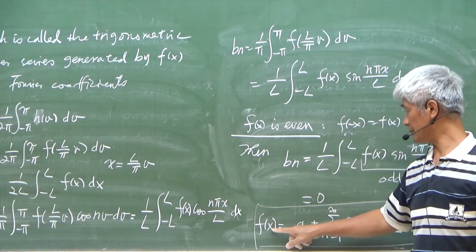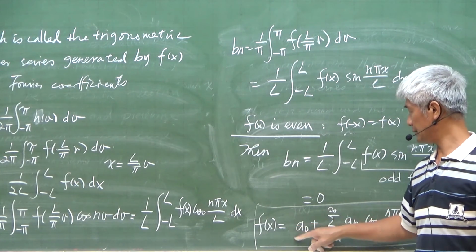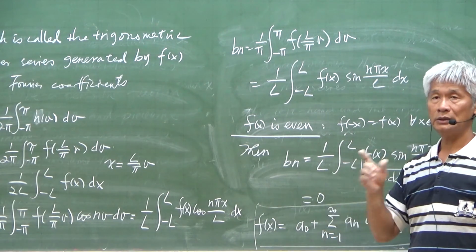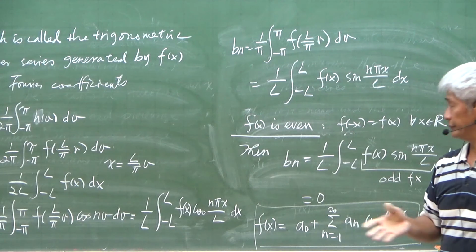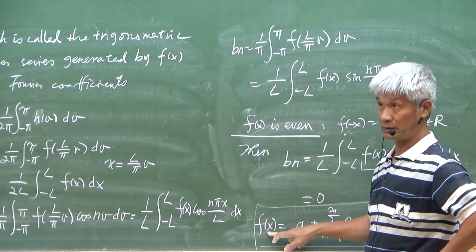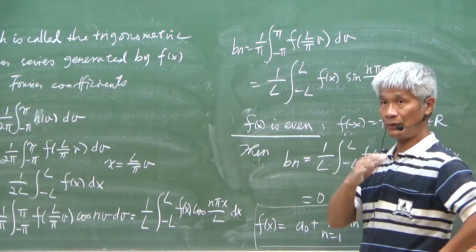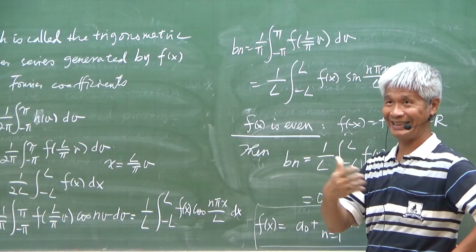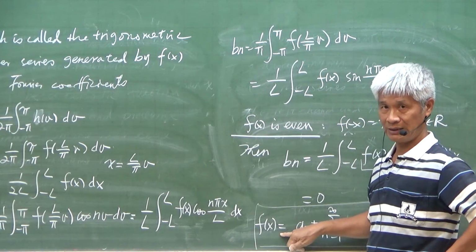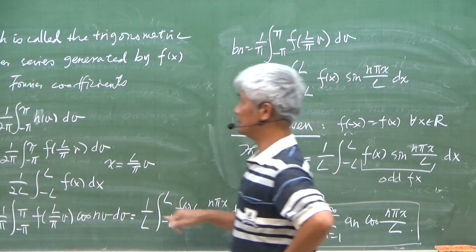And if f of x is not continuous at x, then the series will converge to the average of the right limit and the left limit. Okay, this is our mutual understanding. Otherwise, this is not correct rigorously.